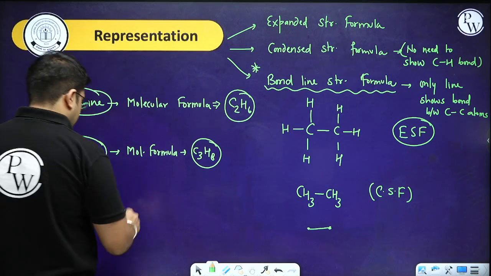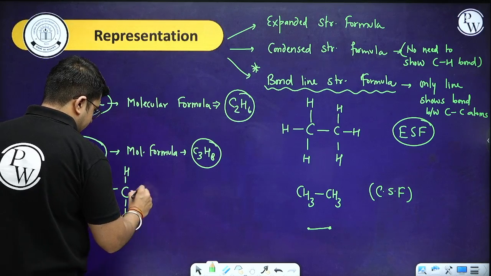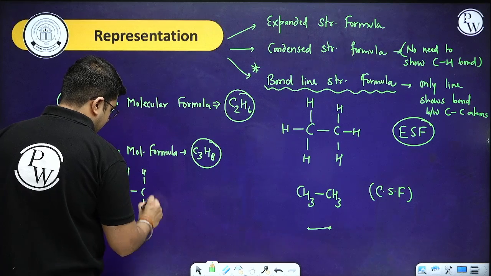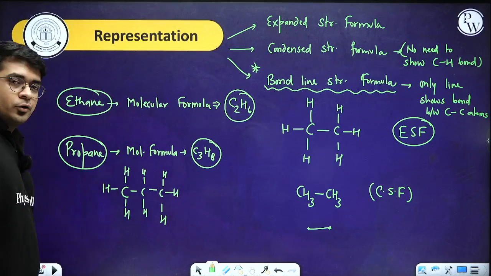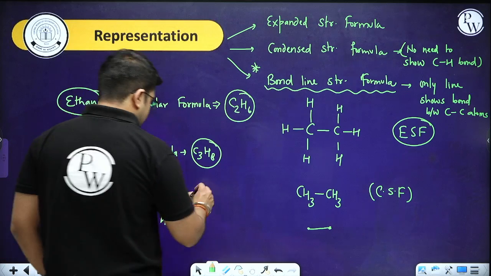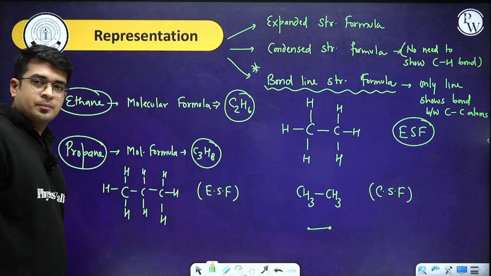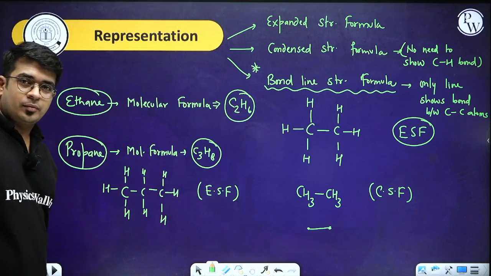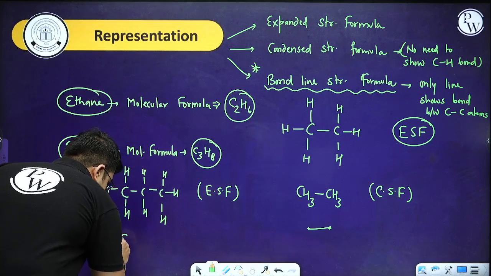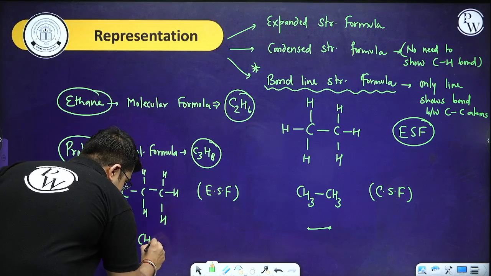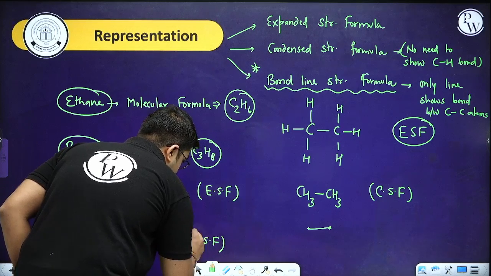In this case, you can write down CHHH, CHH, CHH as well as H. That will be the expanded structural formula, ESF. If I want to show the condensed formula, I can only use the carbon-carbon bond. So that will be CH3 on one side, then CH2, and then CH3. That will be the condensed structural formula.